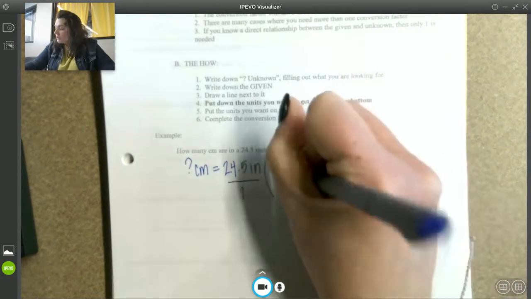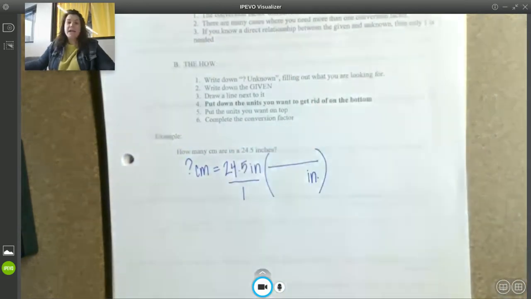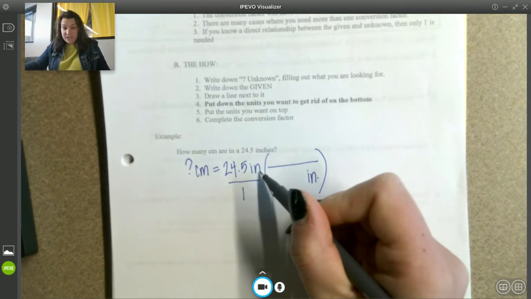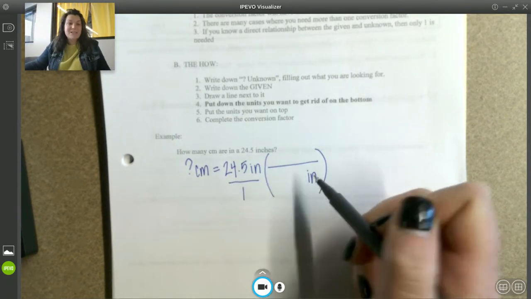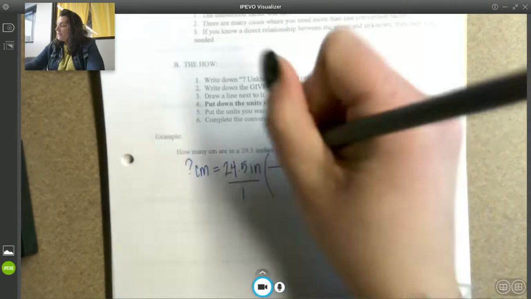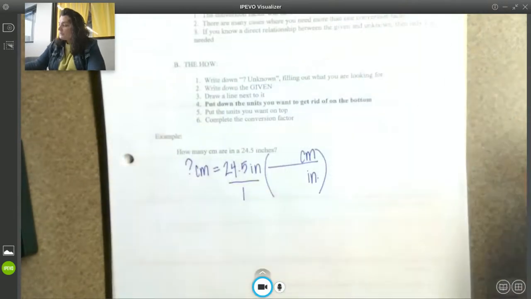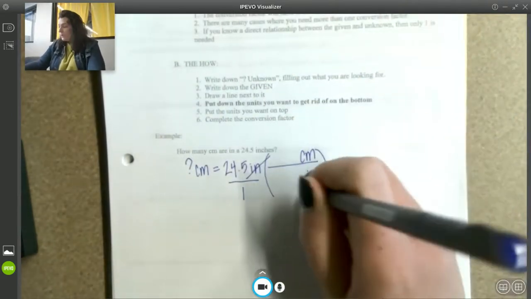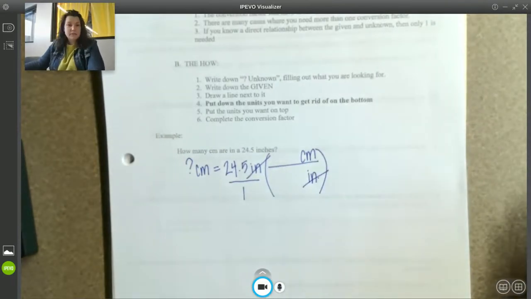So the reason why we're going to put inches down here is because we want inches to cancel, right? Because 9 divided by 9 is 1. Inches divided by inches is also 1, so it cancels, okay? And then I'm going to put centimeters in the top. So we can cancel that. I can say inches in the top, inches in the bottom, it cancels.